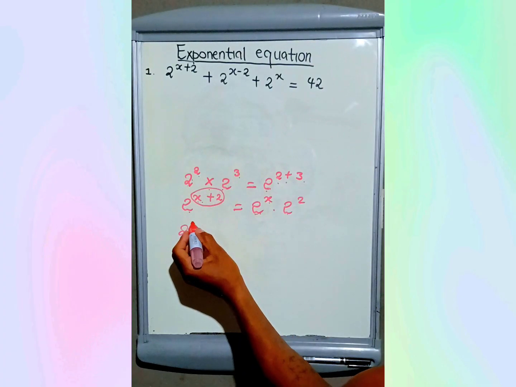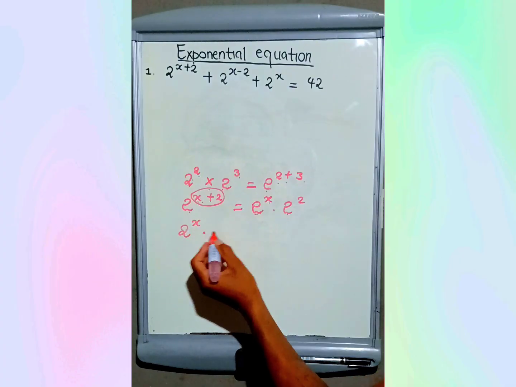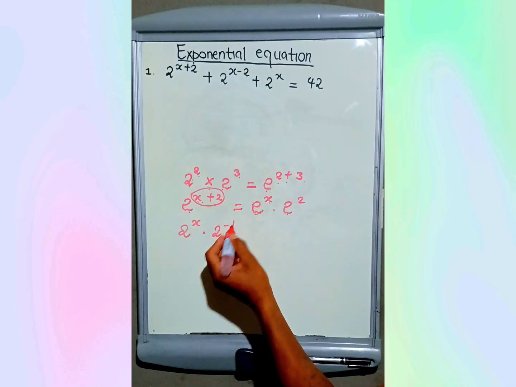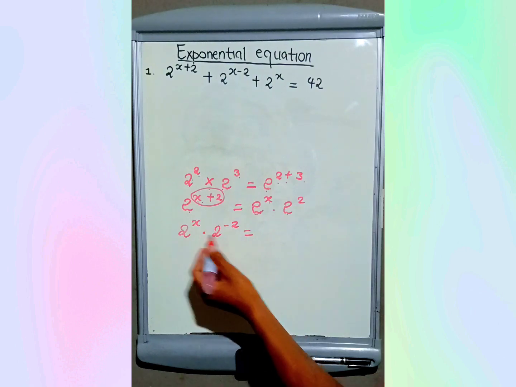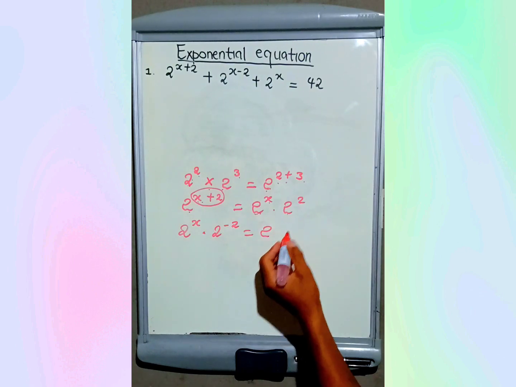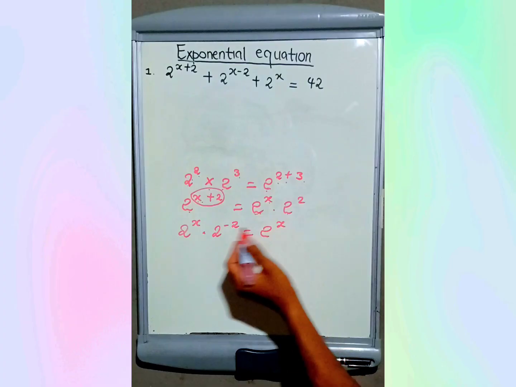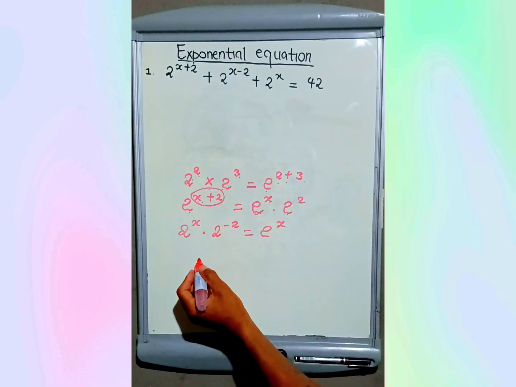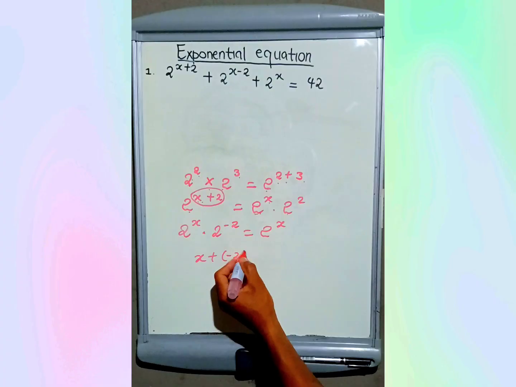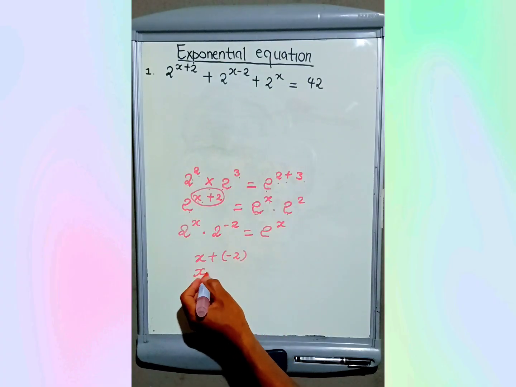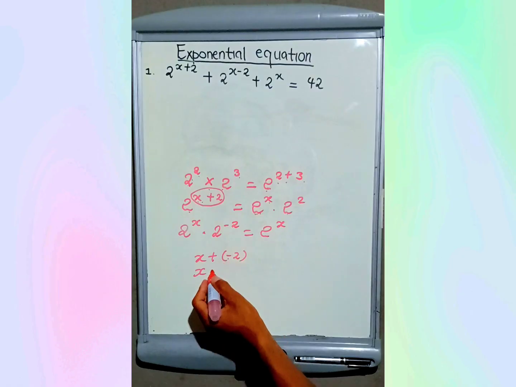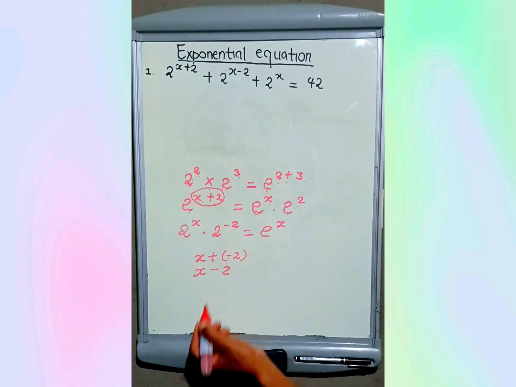We have 2 raised to x times 2 raised to negative 2. We take one base, then we add. If I'm adding x plus negative 2, this is the same as x minus 2, because positive times negative gives us a negative sign.